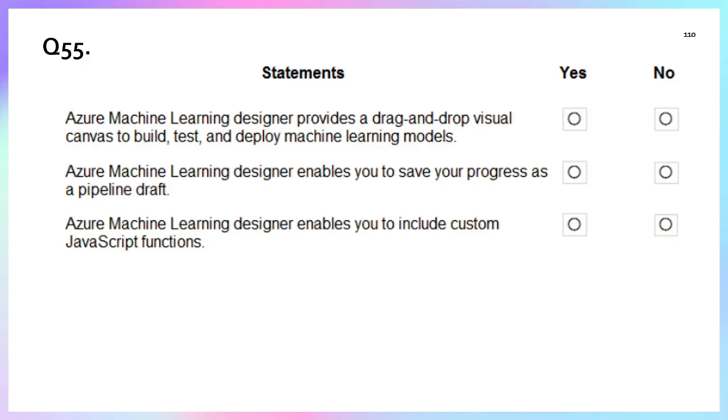Question number 55. This is a statement-based question. First, the Azure Machine Learning Designer provides a drag and drop visual canvas to build, test and deploy machine learning models. Yes, this is correct. Statement 2: Azure Machine Learning Designer enables you to save your progress as a pipeline draft.